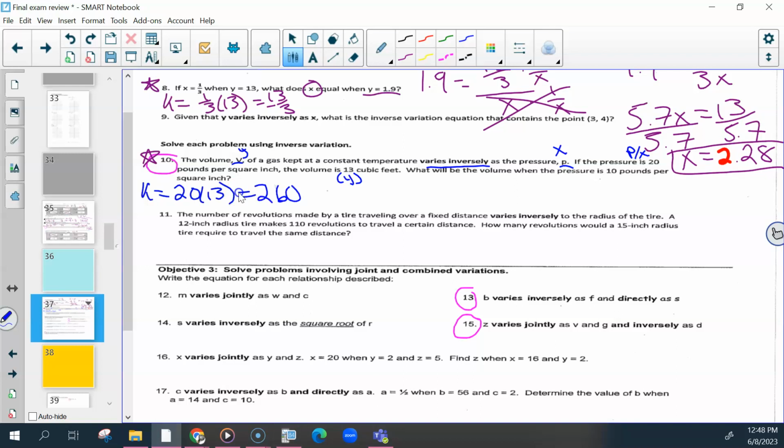Then we are given, we're looking for the volume, so we're looking for V or Y when the pressure is 10. So we would set up our equation. V equals 260 over our P or our X, which is 10.